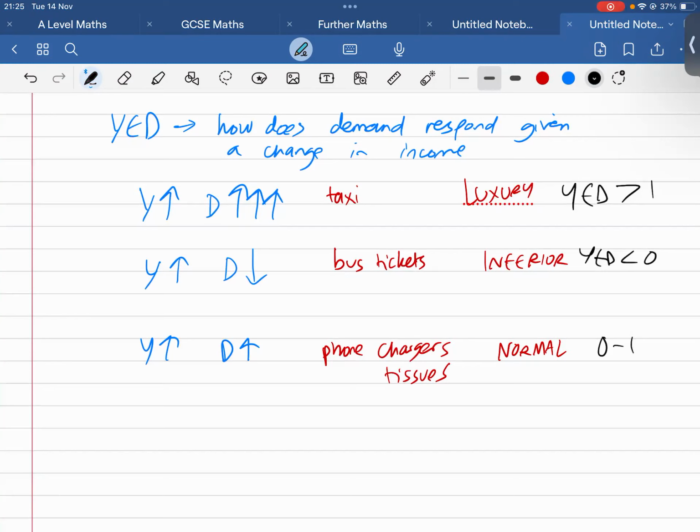So you're saying that YED is more than 1 for luxury, less than 0 for inferior, and somewhere between 0 and 1 for normal goods.